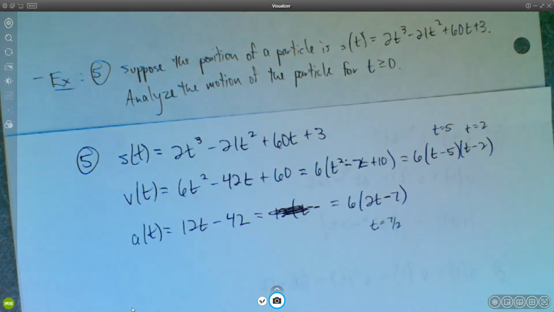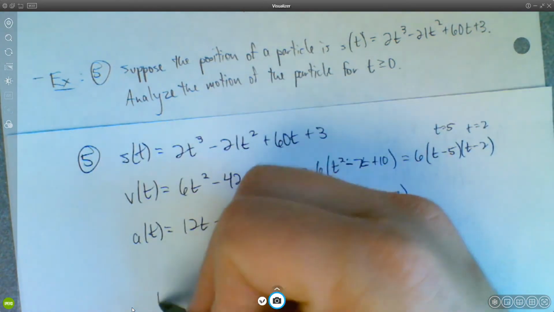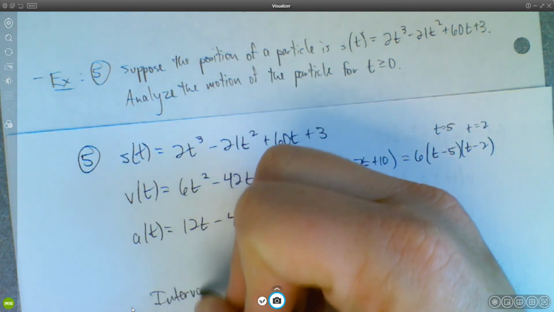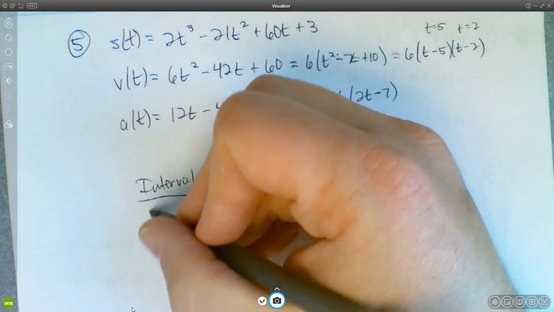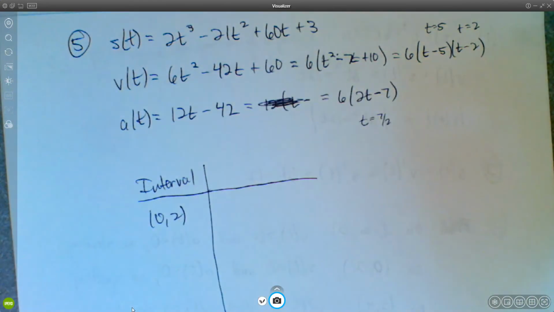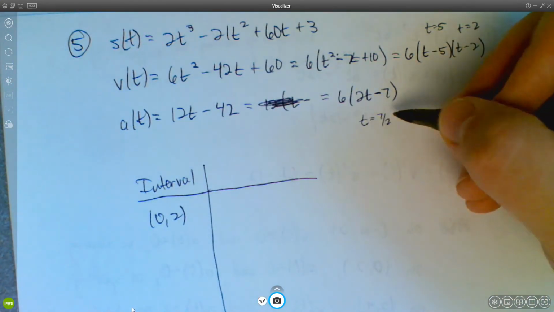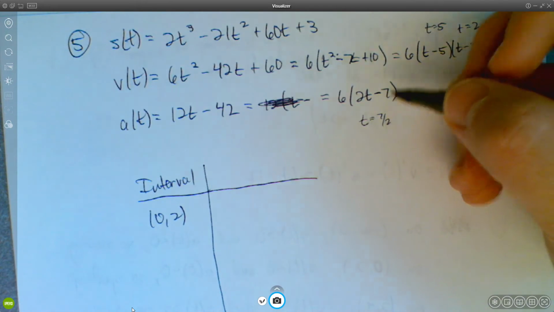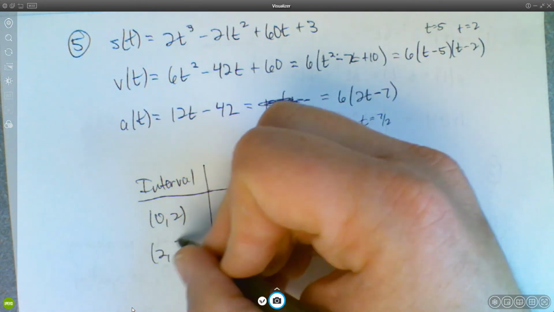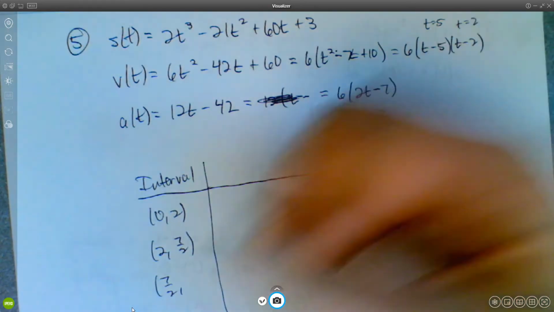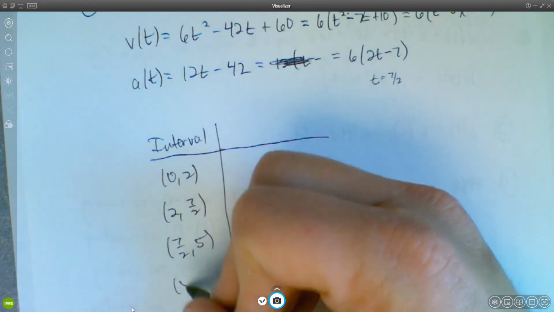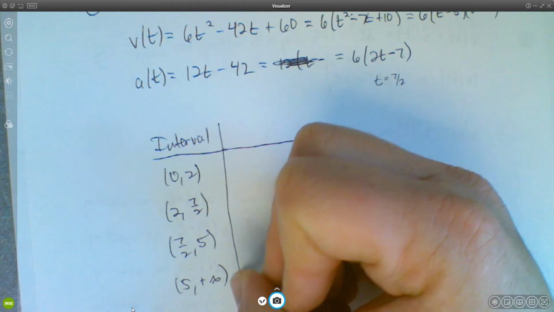So here's my chart. From 0 to 2, and then 7/2 is 3.5, right? So I'm going to go from 2 to 7/2, and then from 7/2 to 5, and then from 5 to infinity.